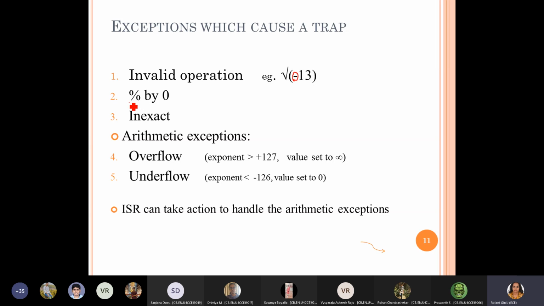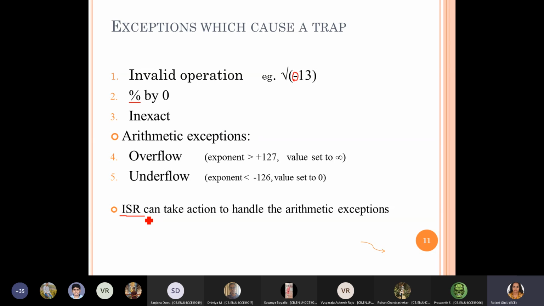Same way, like divide by 0 error, right? When the user is trying to divide some number by 0, it should be given an indication, right? This cannot be carried out, right? So to handle all this, we require an interrupt service routine, right?